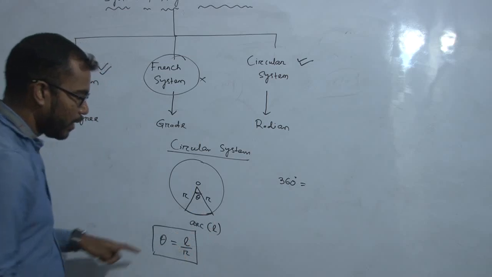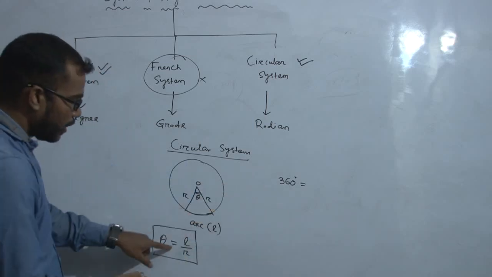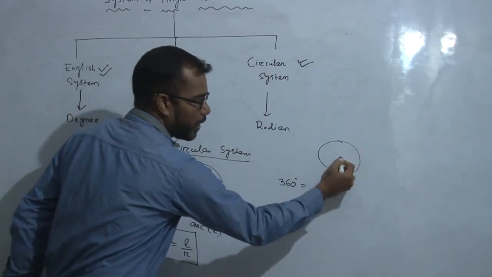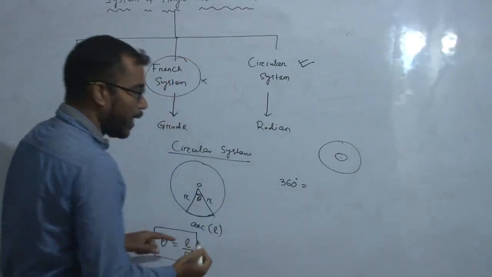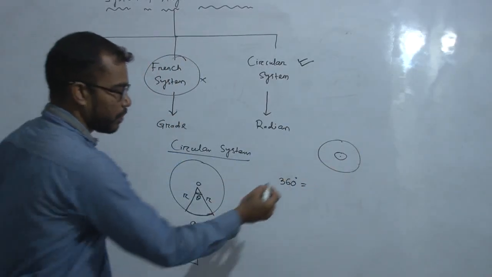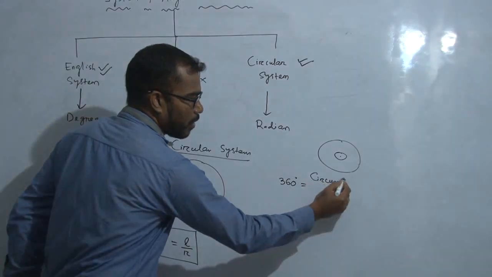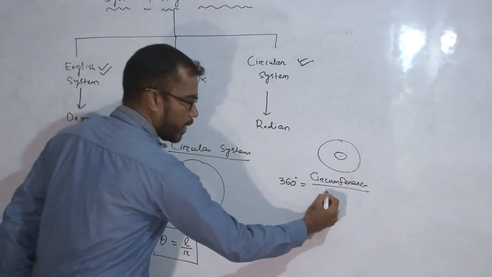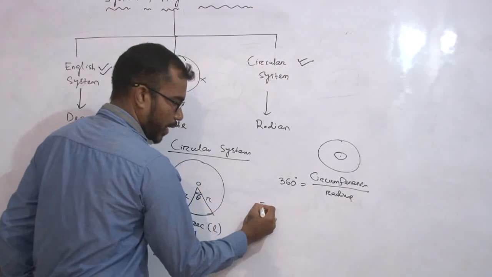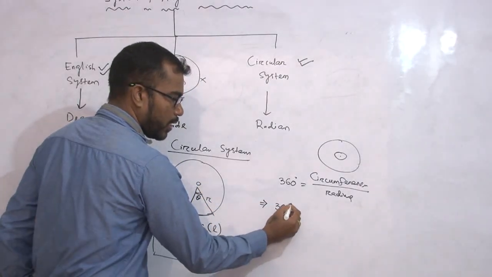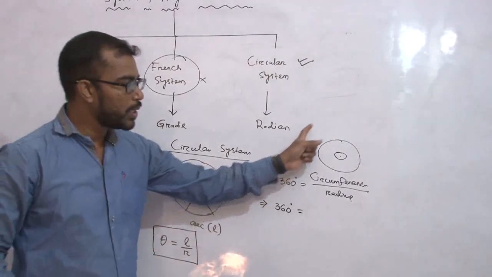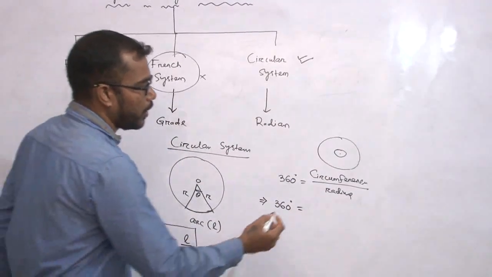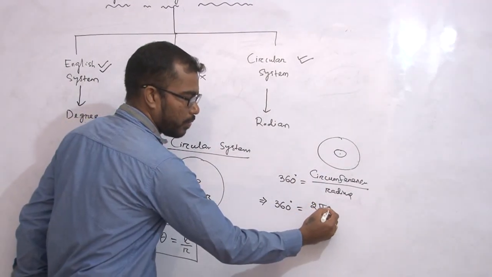So we can take theta is equal to 360 degrees, and L is the circumference, by R, where R means radius. That implies 360 degrees corresponds to the circumference. What is the formula for the circumference of a circle? The circumference of the circle is 2 pi r.